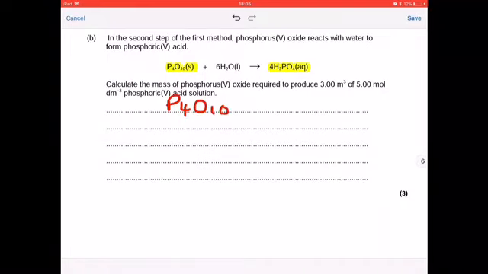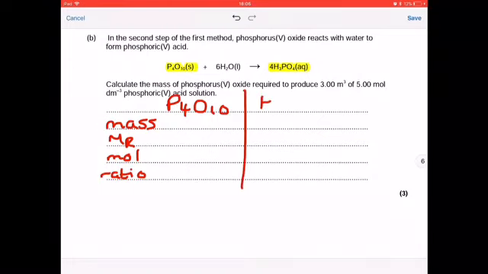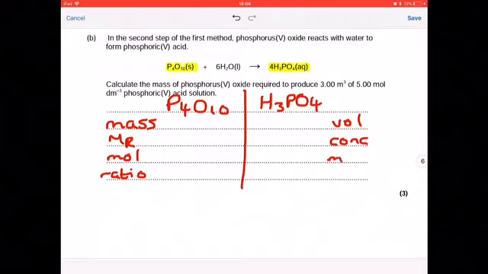Because we need to work out the mass, we're going to put mass, MR, moles, and ratio. And down the other side, we want phosphoric acid, H3PO4, with volume, concentration, moles, and ratio.